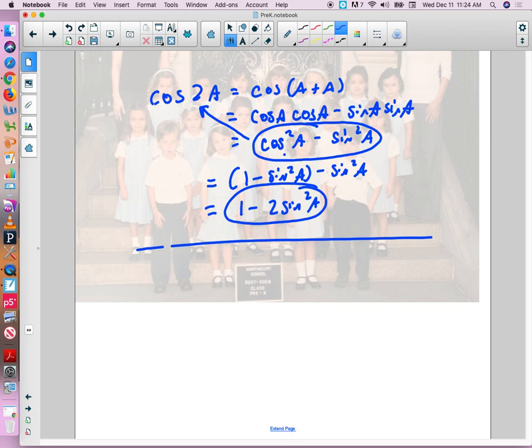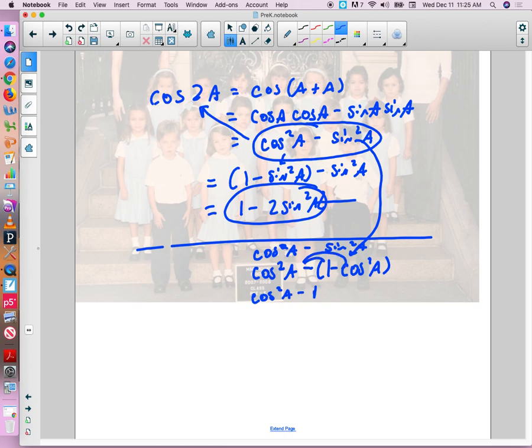Did y'all see I just subbed that in and I got this? I could also come to this. For sine squared, I could put in 1 minus cosine squared. That'll be plus.